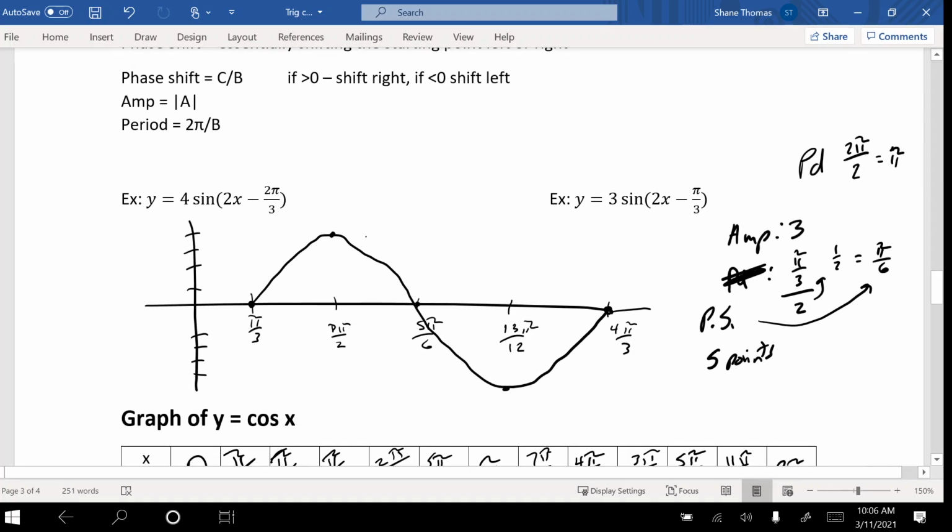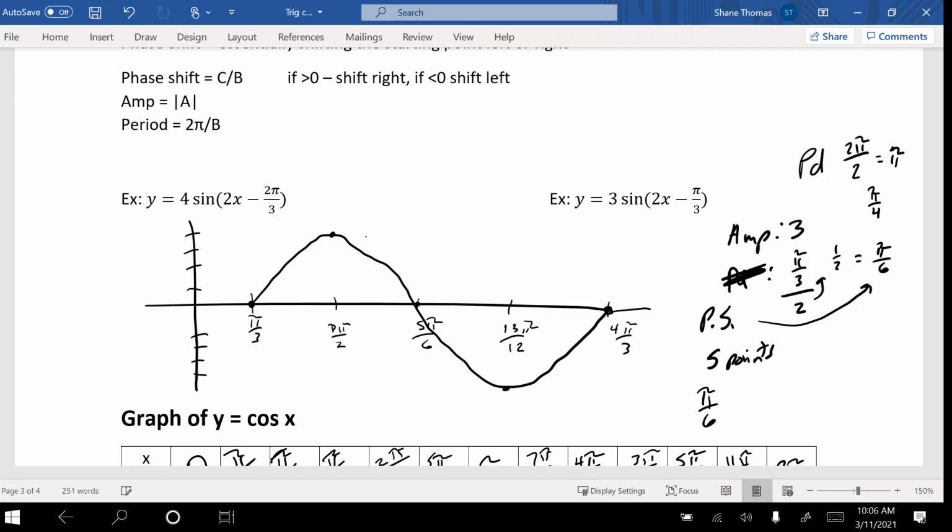If I want my 5 points, all I have to do is take my period divided by 4. So it's going to be pi over 4. I have to take my initial point, which is either 0 or the phase shift. In this case I have a phase shift, so my first point is going to be pi over 6.